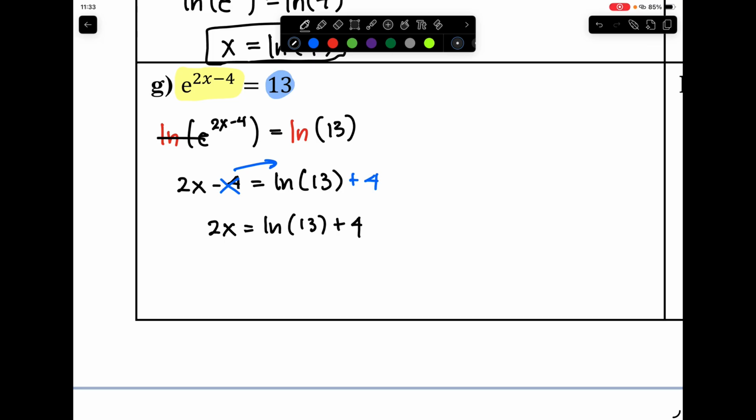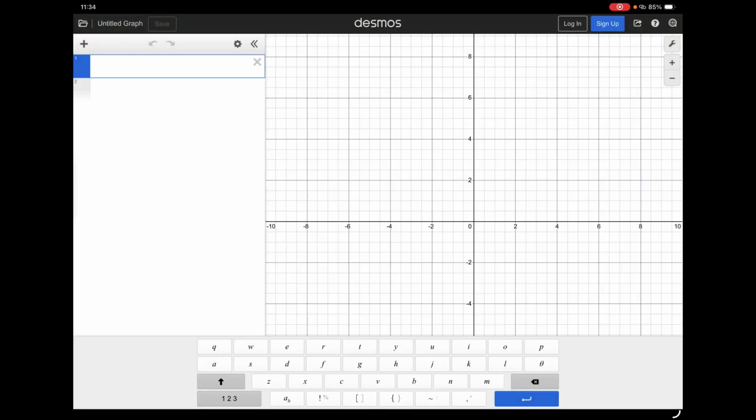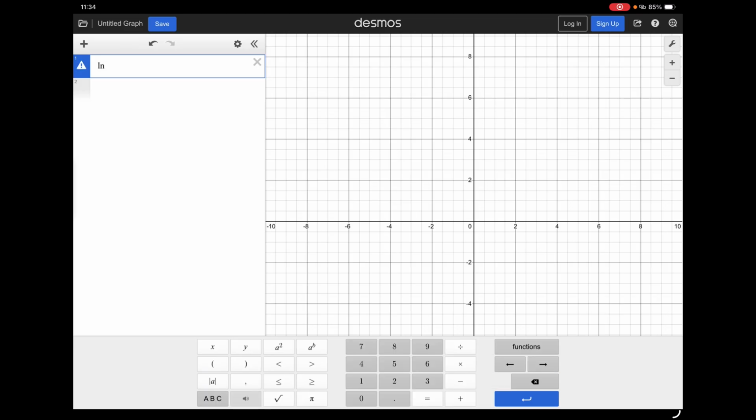Now pay very close attention to this. This, again, cannot be added together. The natural log of 13 plus 4 is not the same thing as the natural log of 17. I cannot add those two quantities together. And just to show you again, ln of 13 is already 2.56.